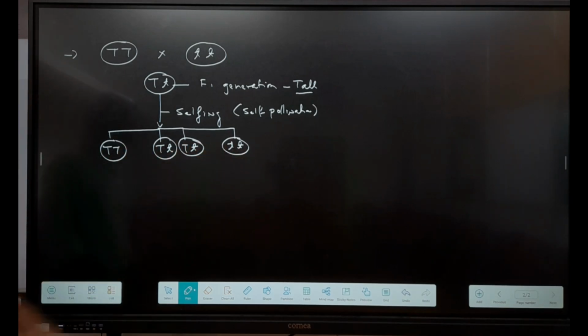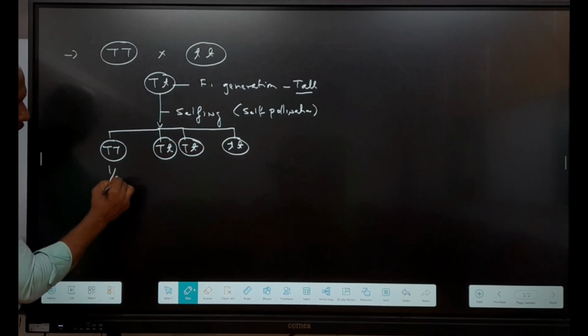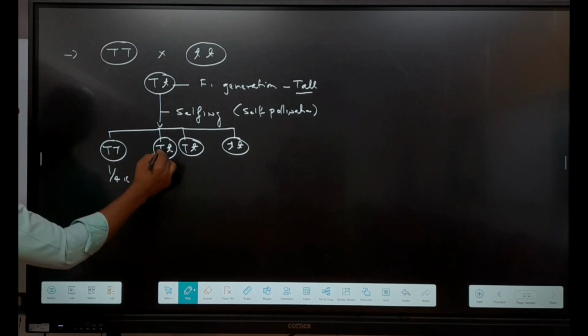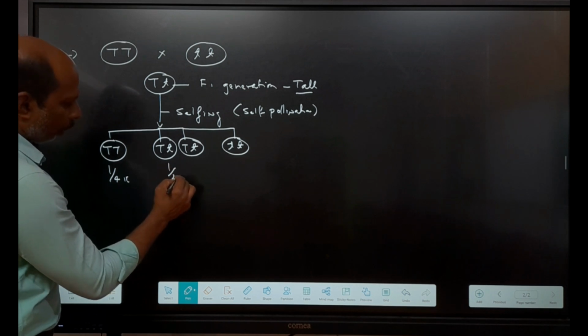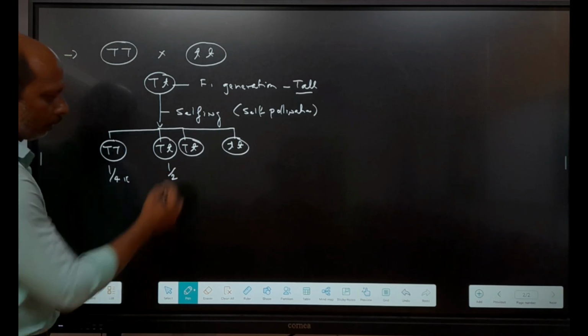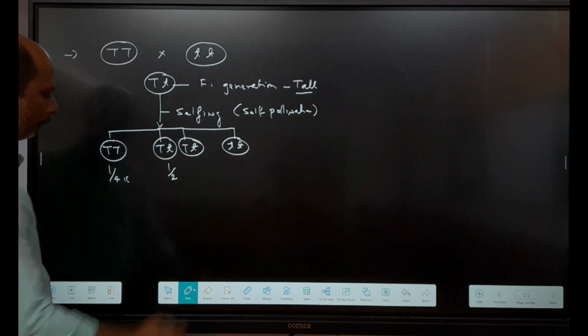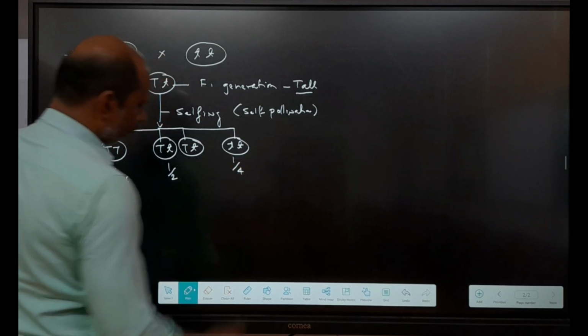So what is the possibility, the probability? In this case, we can say in 4, 1/4 each. It is capital T capital T, 1/4. This one, because 2 are there, we can say here 1/2, right? It is a hybrid plant, capital T small t, and this one 1/4, it is small t small t.